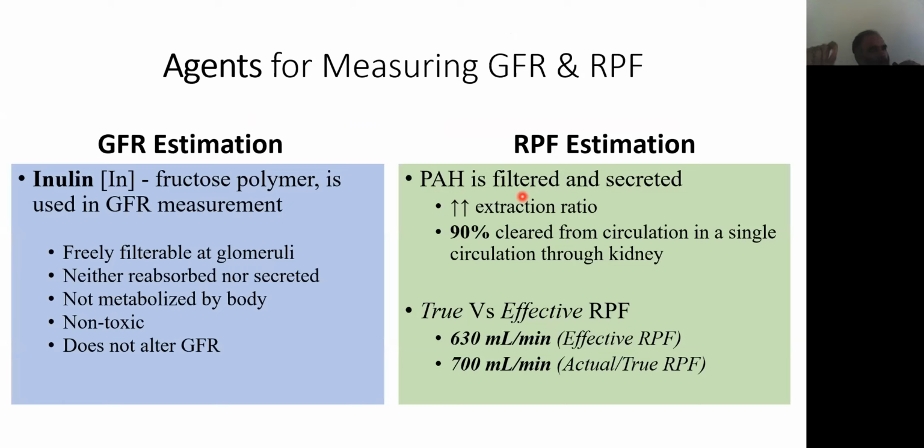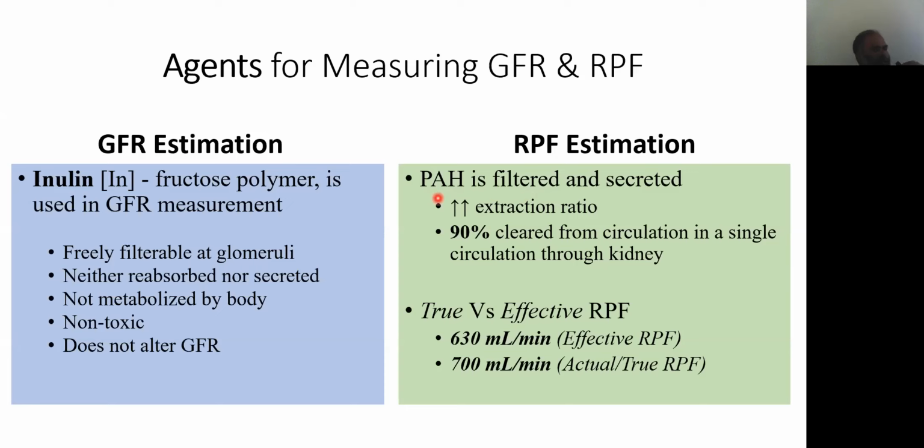So it is filtered and it is secreted. And I've already told you what secreted means in the nephron. So PAH, para-aminohippuric acid, is one such compound.